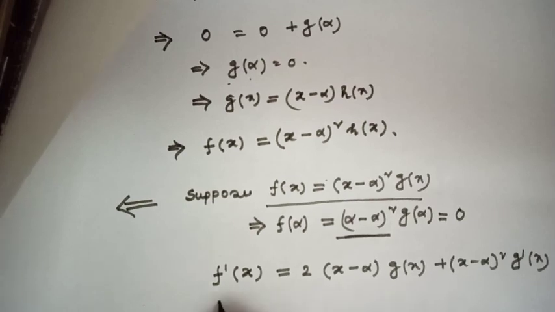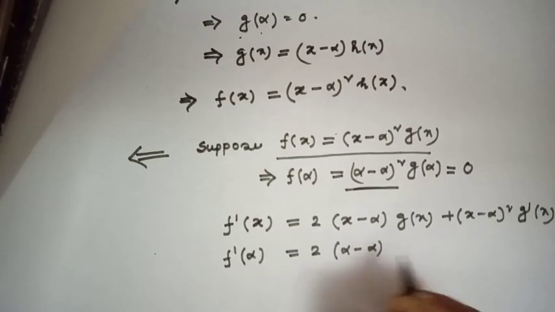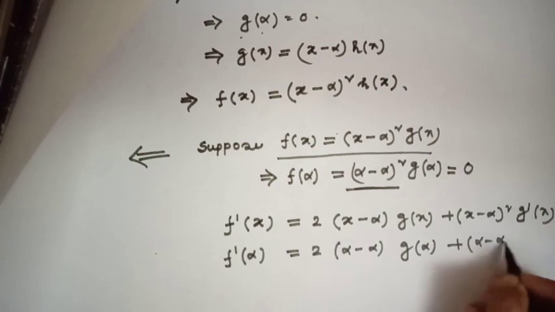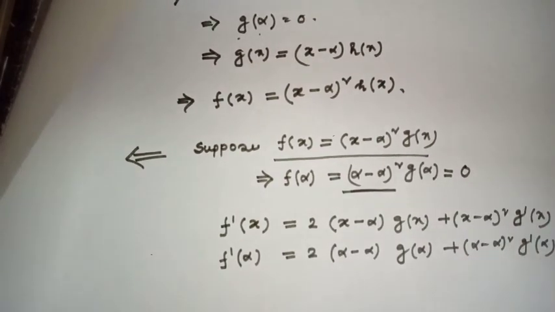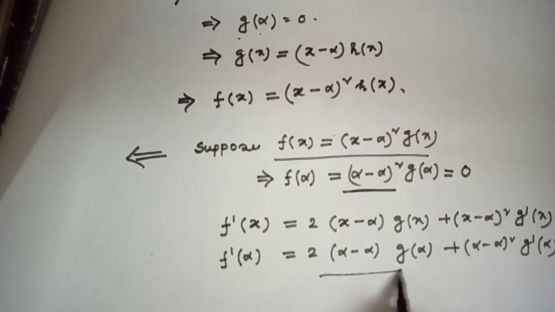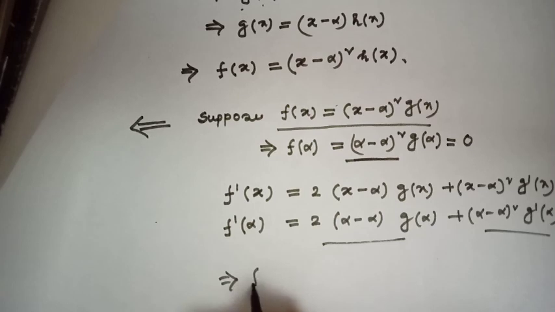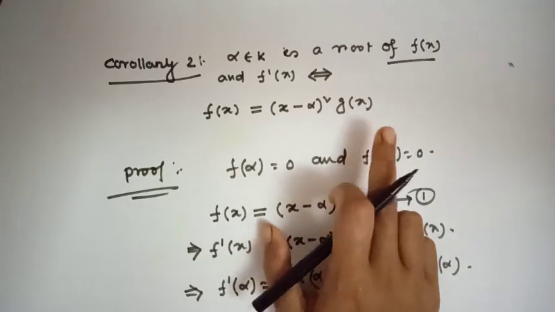If I put alpha, then f prime(alpha) equals 2 times (alpha minus alpha) g(alpha) plus (alpha minus alpha) squared g prime(alpha). Okay, this is 0, this is 0, that means f prime(alpha) equals 0. This is the proof of corollary 2.